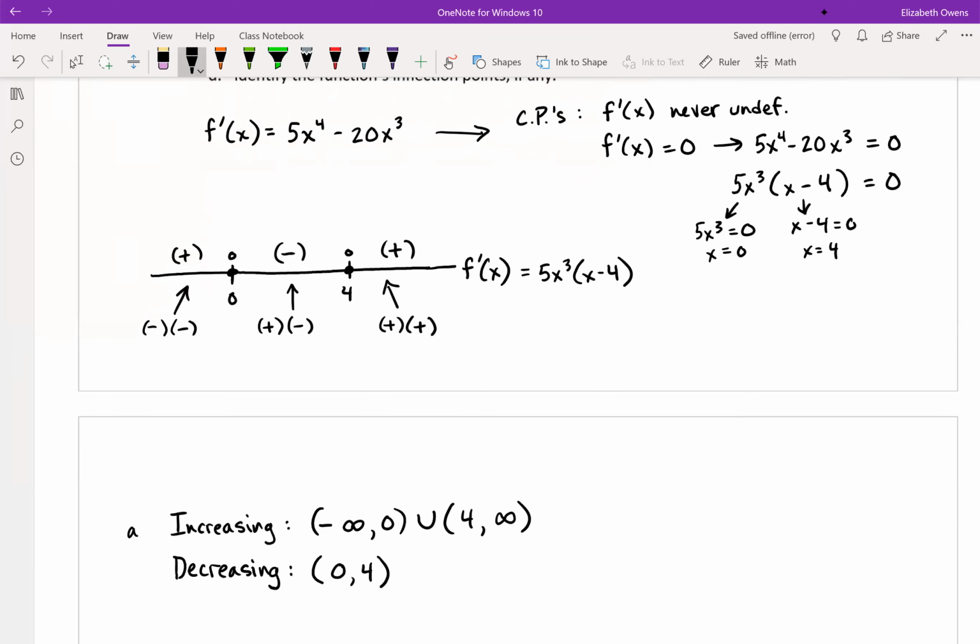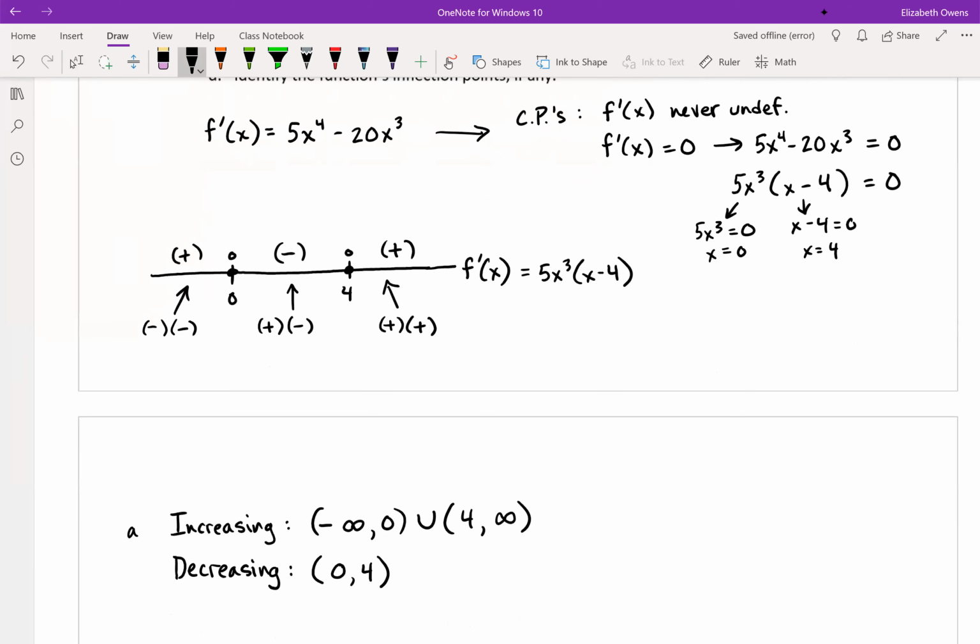And then we can also use this information and this number line here to identify our local extreme values. Okay, so that would be your local max and local min. We'll look at maximum and minimum values. All right, and so we'll look at what happens on either side of our critical points.